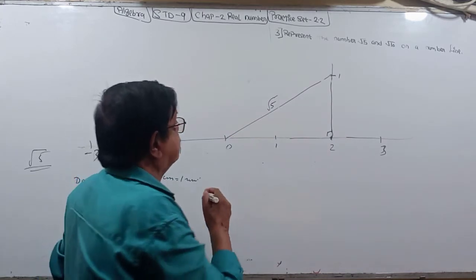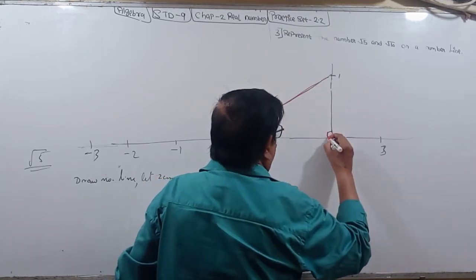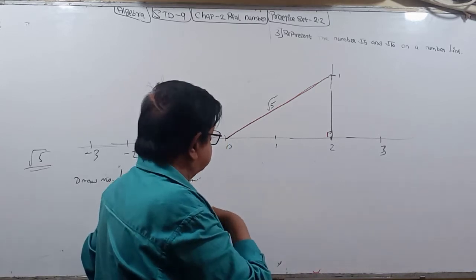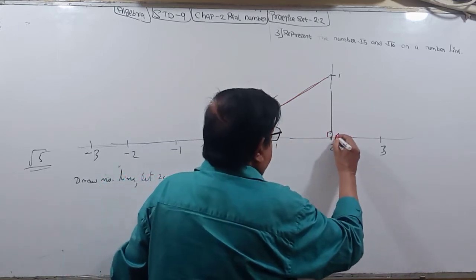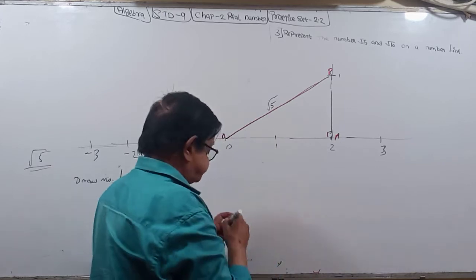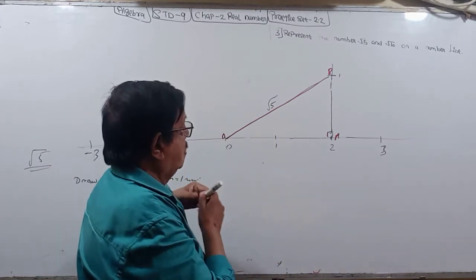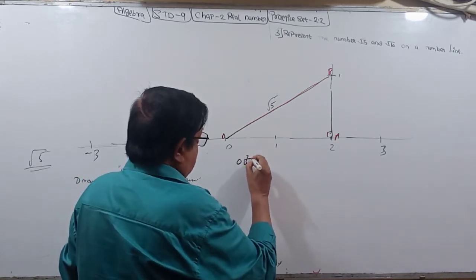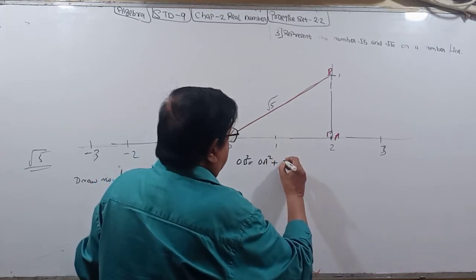We have the Pythagoras theorem. For the Pythagoras theorem, here is O, A and B. Now OB square equals OA square plus AB square.